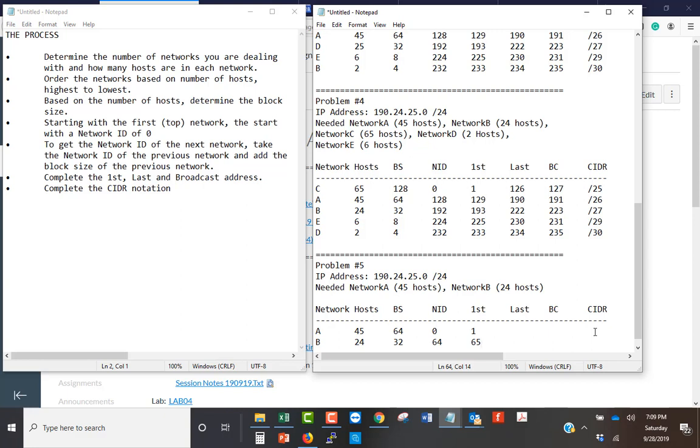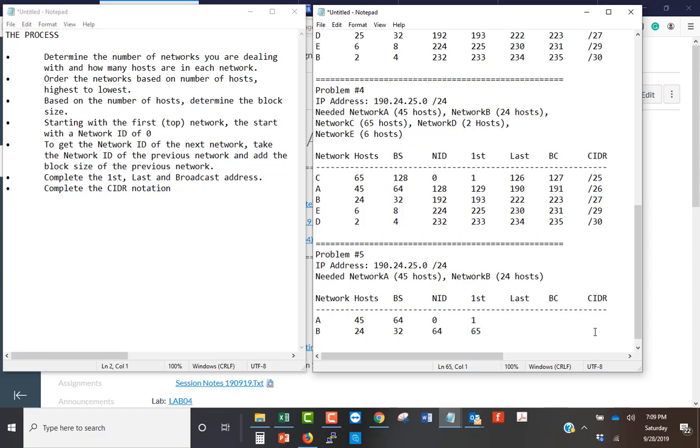Now, just to help me out, I'm going to do 32 plus 64, which is going to give me 96. This is not to say that I'm doing a third network. I'm just getting that value so I can get my broadcast address of 95.